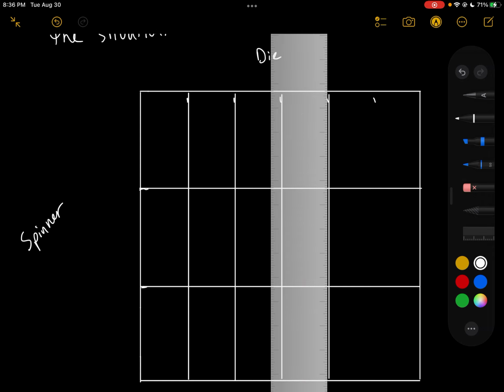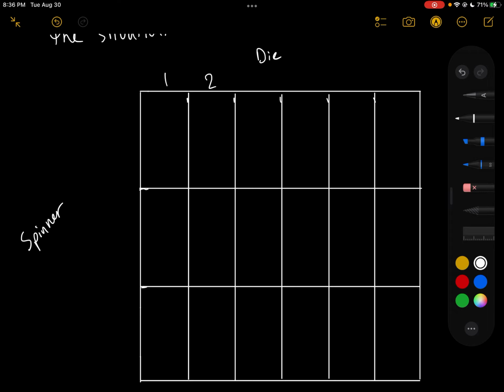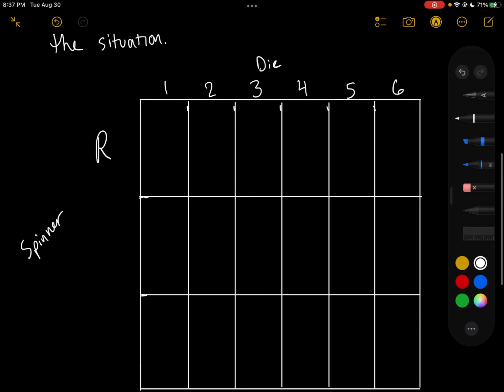Basically, if you have an equal probability of everything happening, you're dividing each side into its sample space. The die has 6 different outcomes, which represent the sample space. I'm just listing them right now, 1, 2, 3, 4, 5, and 6. And our spinner has red, green, and blue. That is the sample space of the spinner.